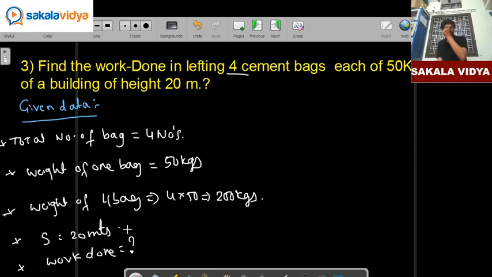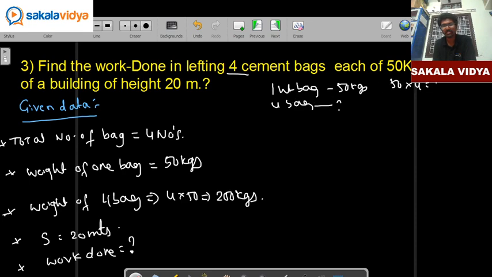The weight of one bag is 50 kgs. So the weight of 4 bags is simply 50 into 4, that is 200 kgs. In this case we need to find the total work done in placing all these 4 cement bags in a building whose height is 20 meters.